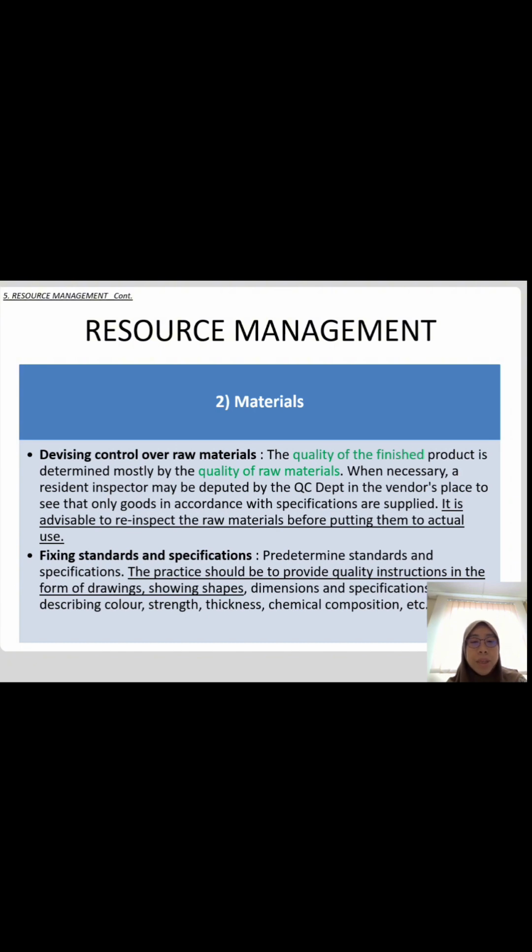So when necessary, a resident inspector may be deputed by the QC, Control Quality Department, in the vendor's place to see that only goods in accordance with specification are supplied. It is advisable to re-inspect the raw materials before putting them to actual use.